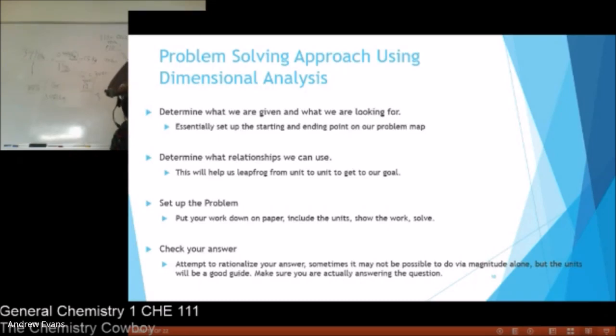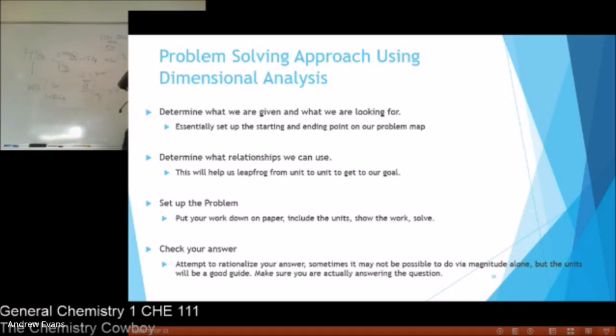Step 2, determine what relationships we can use. What conversions can we use to leapfrog from where we are to where we want to be? So, for example, if I have a mass of water and I want to know that water's volume, a relationship I could use is the density of water.